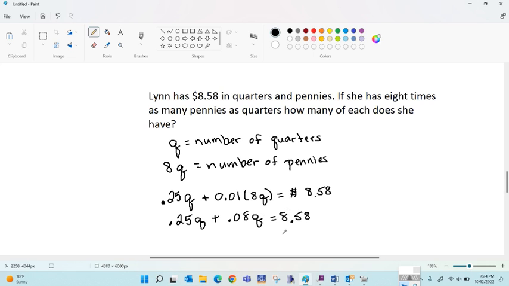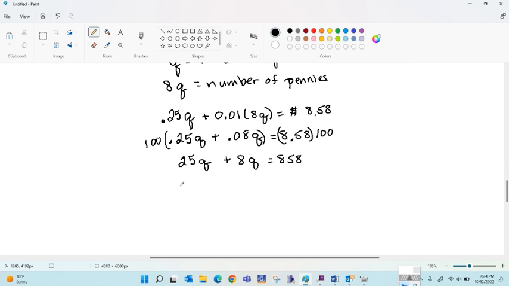If we want to get rid of our decimals, we multiply both sides by 100. So we get 25Q plus 8Q, when you move the decimal 2 places, equals 858. Then we add these together. We get 33Q equals 858.